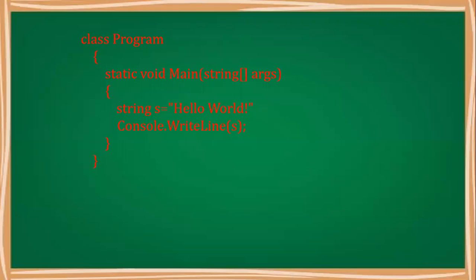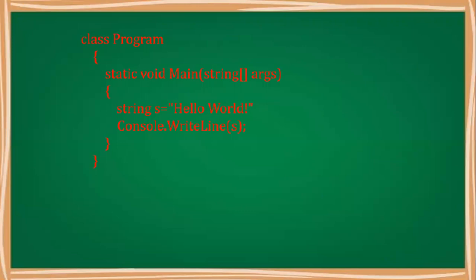Just observe, inside the Program class we have declared a string s equal to hello world. If you observe here, string starts with a small case letter. Generally it is a capital letter class in C#, but this is a smaller mistake, and we are not creating an object because this is the static thing. We need not create an object with the new keyword. So here we are treating string as a data type.